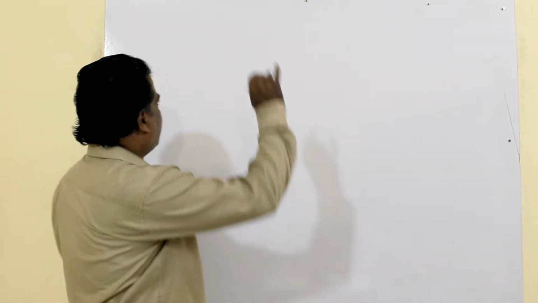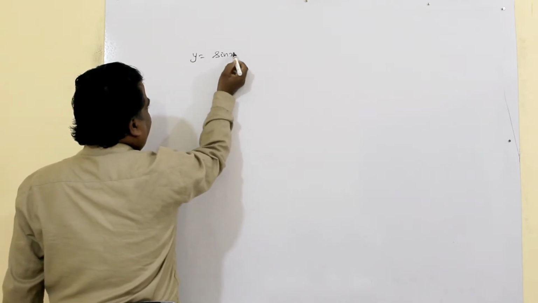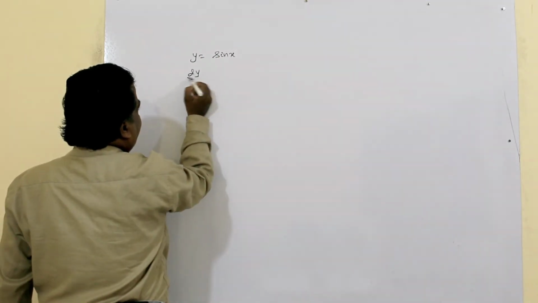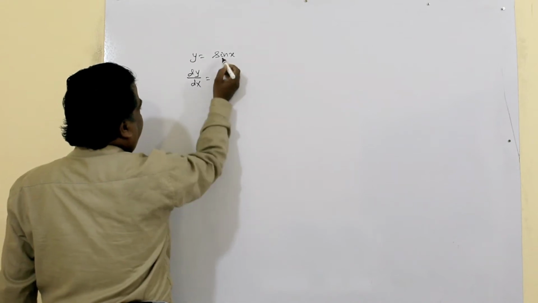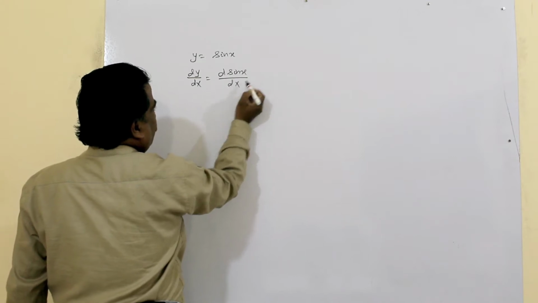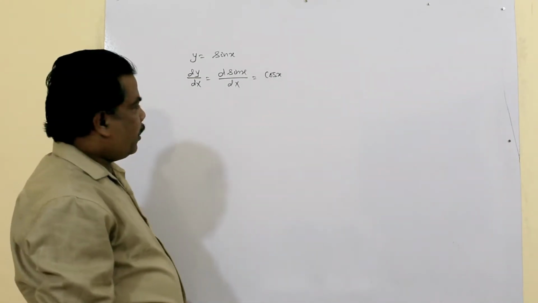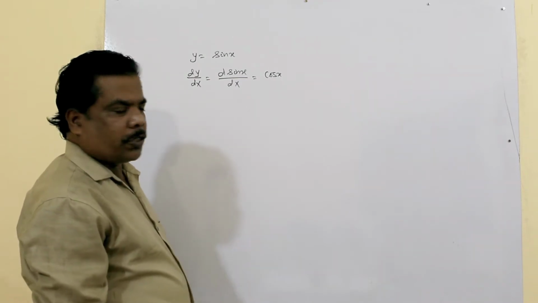Suppose y is equal to sin x, then dy by dx is equal to d sin x by dx is equal to cos x. So the derivative of sin x with respect to x is cos x.